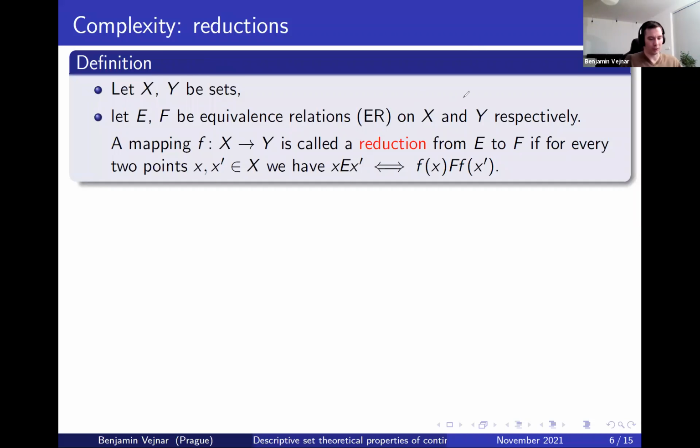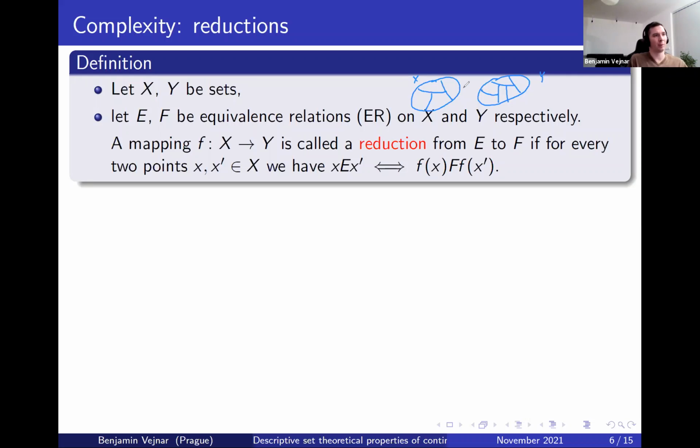Maybe it's good to draw a picture of what's going on here. So we have this set X here, set Y here, and we have equivalence relations, say E, which induces some kind of partition, and some equivalence relation F here.